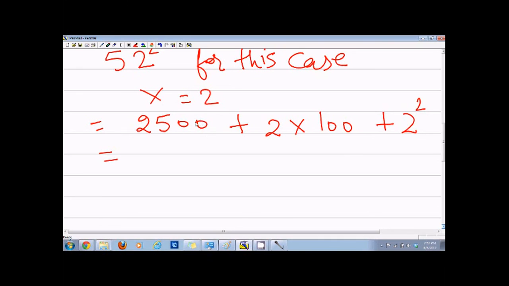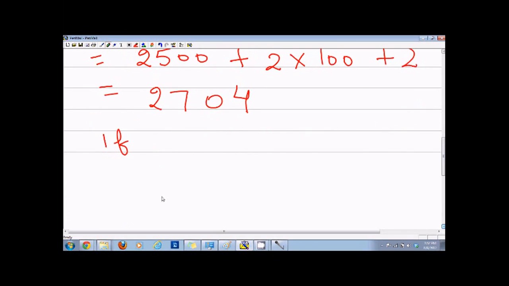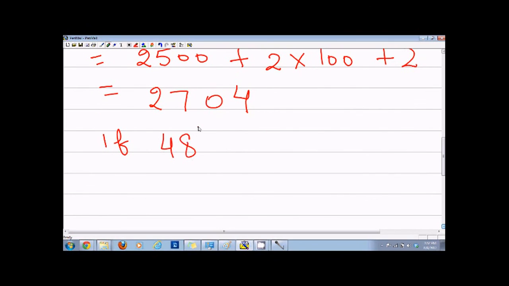So we will have 2704. And similarly, if we have 48 square, then x is equal to minus 2, and then instead of adding 2 here, we will be subtracting 2, so we'll have 23, and then the square doesn't matter, negative or positive, so the answer will be 2304.